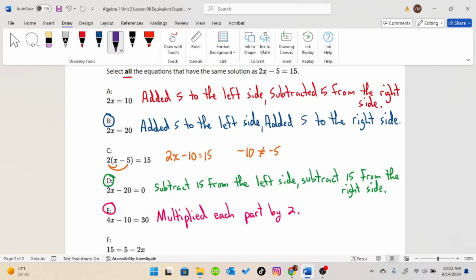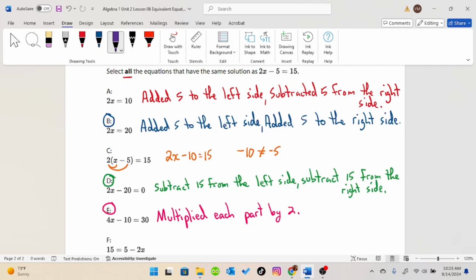We now have a +5 instead of a -5 because they multiplied by -1. And then we still have a +15.